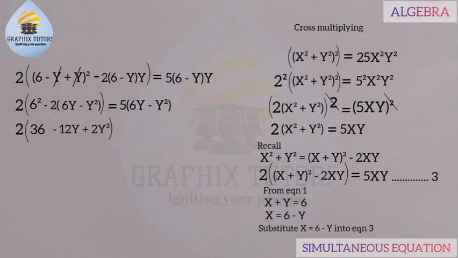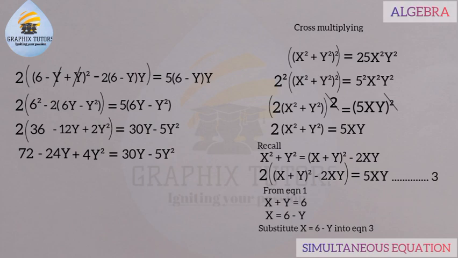I'll close the bracket, equals to 5 times 6y is 30y, 5 times minus y squared is minus 5y squared. Now if I expand, 2 times 36 will give us 72, 2 times minus 12y will give you minus 24y, 2 times 2y squared will give you 4y squared, equals to 30y minus 5y squared.